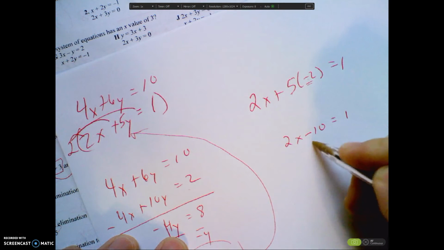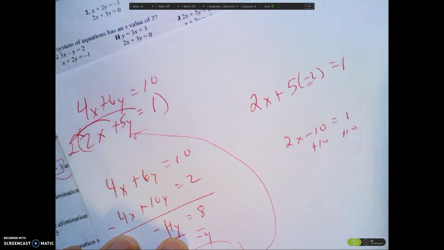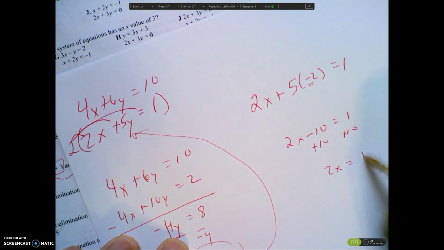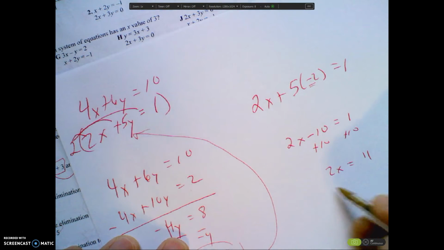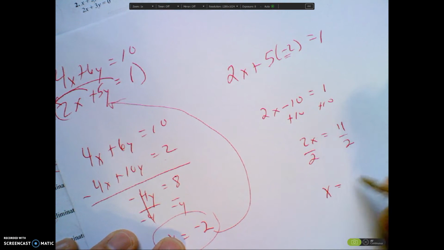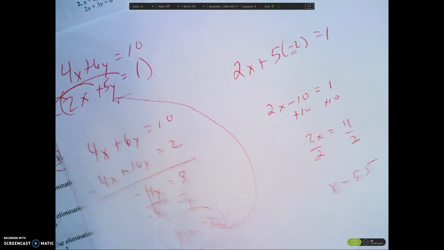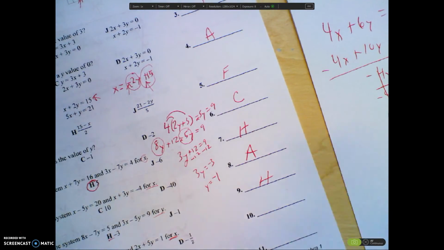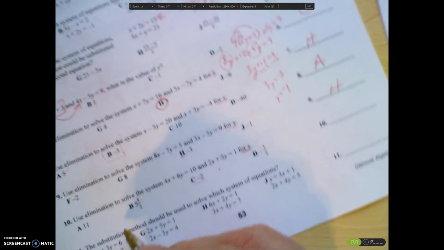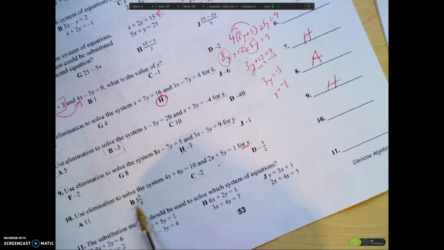I'm going to add 10 to both sides. I'm going to get 2x equals 11. Divide both sides by 2, and I'm going to get x equals 5.5. Looks to be positive to me. Let's take a look. We do have a letter with that, 5.5. That is B for number 10.